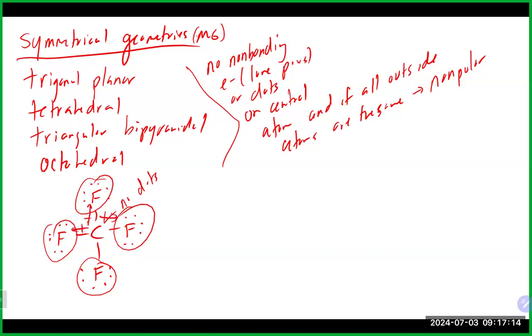But they're all going to end up equal and opposite of each other in the corners of a tetrahedral, which means it's everybody pulling in equal and opposite directions on the rope. If you had a 3 or 4 prong rope and everybody just pulls, it's just going to sit there in the center. And this is going to be a nonpolar molecule. Now, let's just say, for example, I swap out one of the fluorines for a hydrogen.